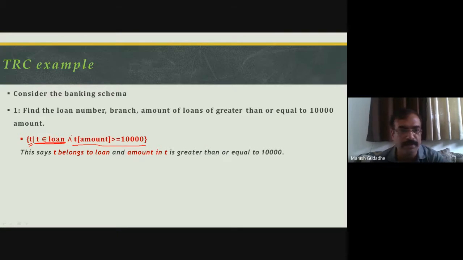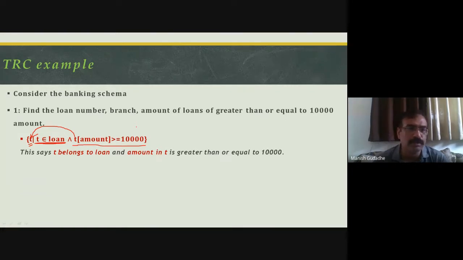T is the tuple which is going to be presented outside in the output. And now instead of saying T dot amount, we are putting T into bracket amount. So the things are same, only the way of expressing it is changing.